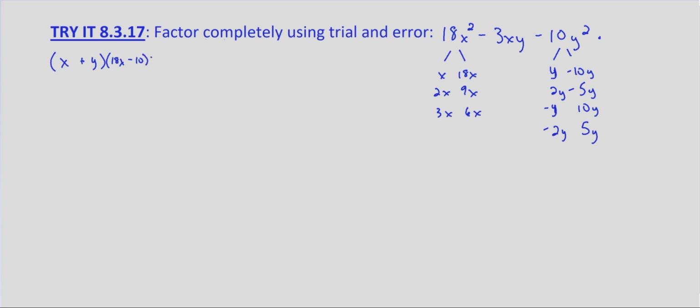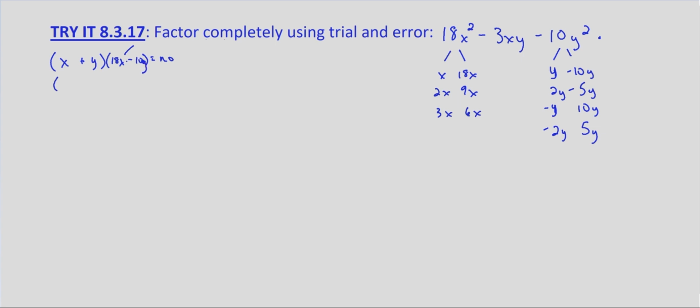Well, we already know that that's a no, because 18, 3, and 10 have no greatest common factor, plus there's no y variable in the first term, there's no x variable in the last term, so we know that the binomial that it factors into will have no greatest common factor, so that's not going to work. So now we'll swap those, and I forgot to put my y here.